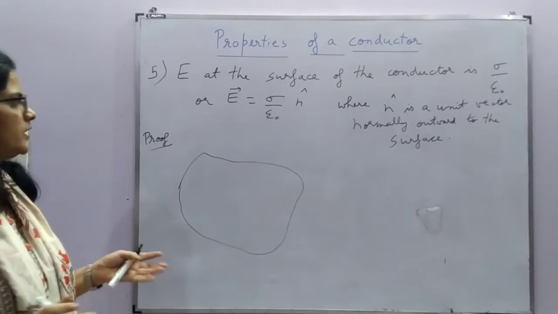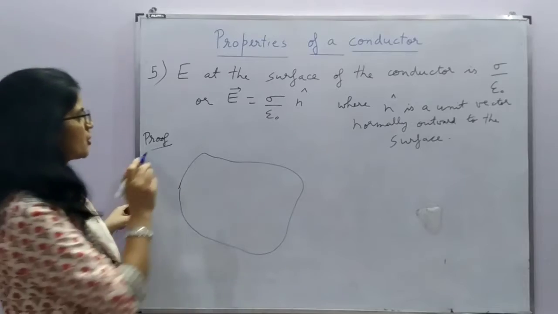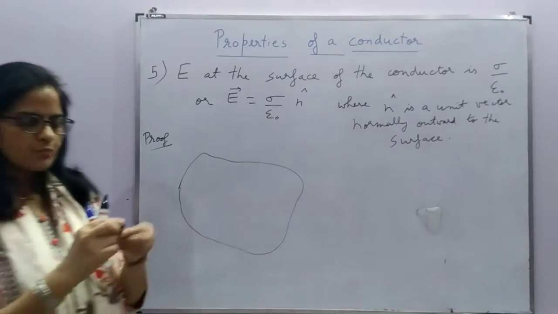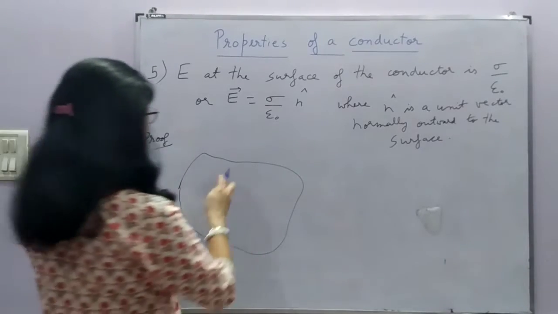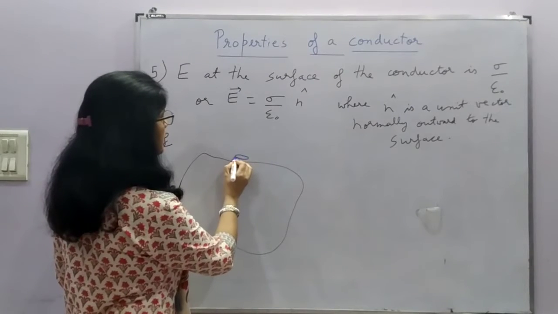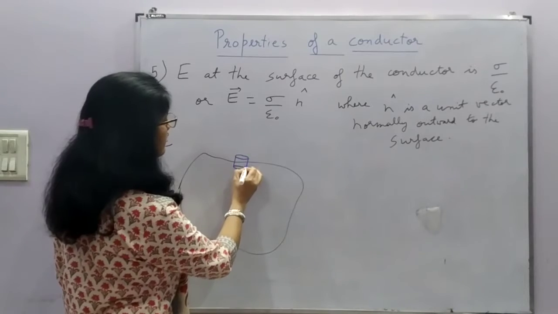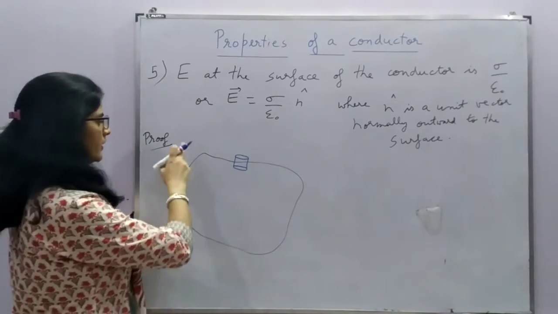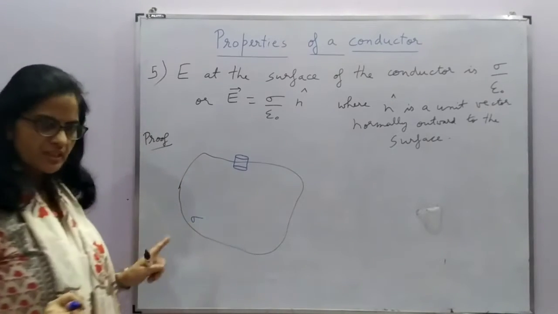So in a conductor, we are considering a Gaussian surface which is in the form of a small cylinder like this, and the small cylinder is imagined such that this is half embedded inside this conductor, right? And this conductor has a surface charge density of sigma.